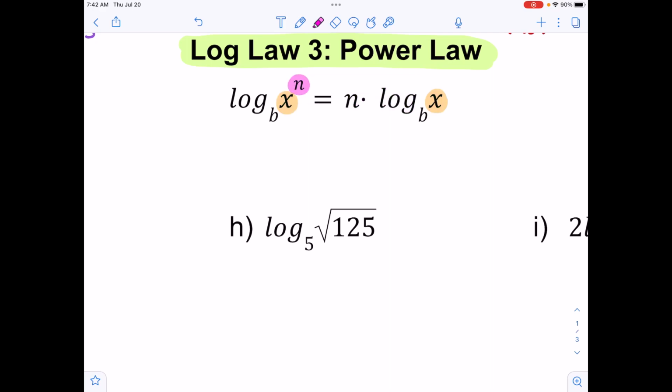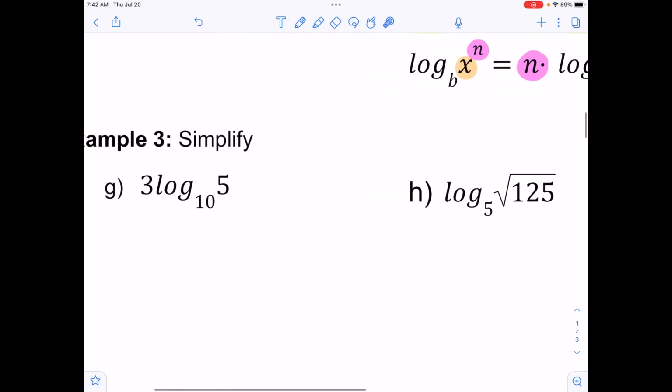So in this case, x to the power of n. I can actually bring that exponent out front and multiply it by log of the base of the variable. Okay, it allows you to get rid of exponents and bring them down front. Okay, I'll show you what we mean in a couple of practices here.